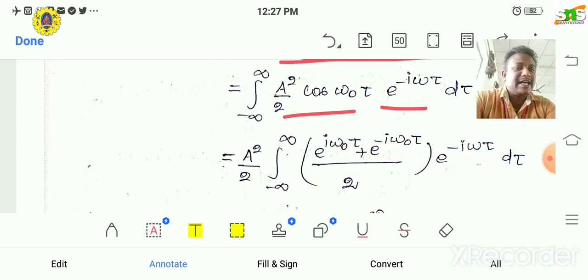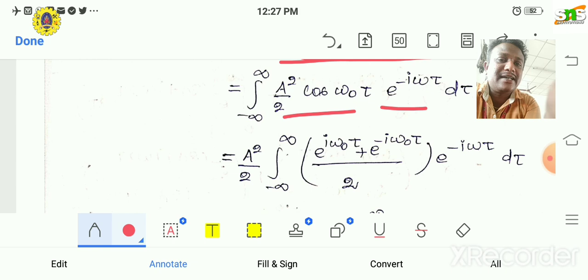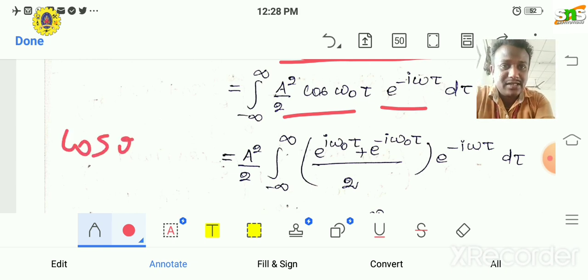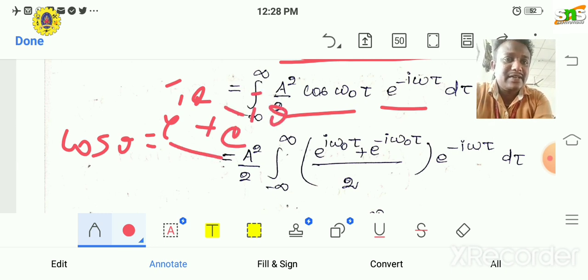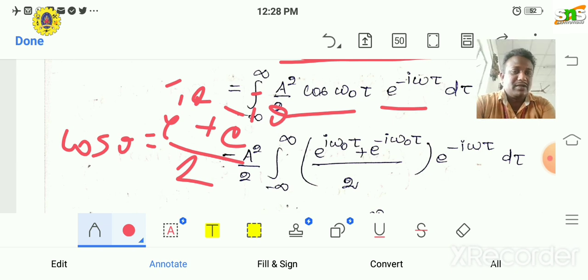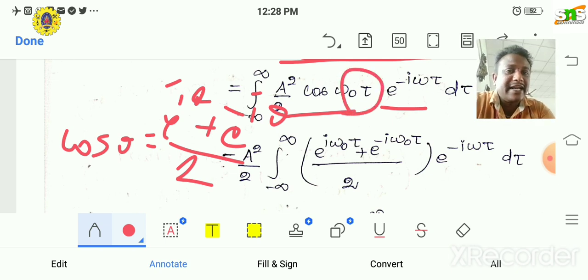So what result am I going to use here? I know a formula: cos theta is equal to e power j theta plus e power minus j theta, divided by 2. So instead of cos omega naught tau, we can apply this formula.